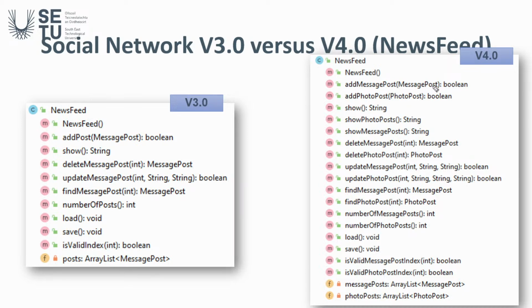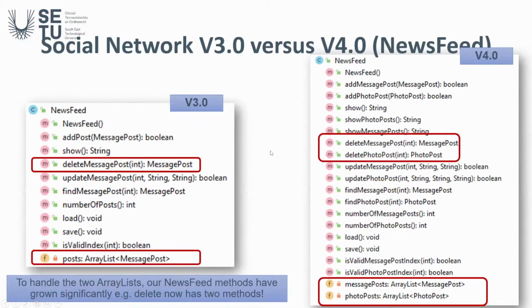We're going to add a message to our messages and a photo to our photos. We have 2 shows, 2 deletes, 2 updates, 2 finds, 2 numbers. We have a load and a save, that's fine. We have 2 isValids. So now what was here has been duplicated, and we have twice as much as we need.